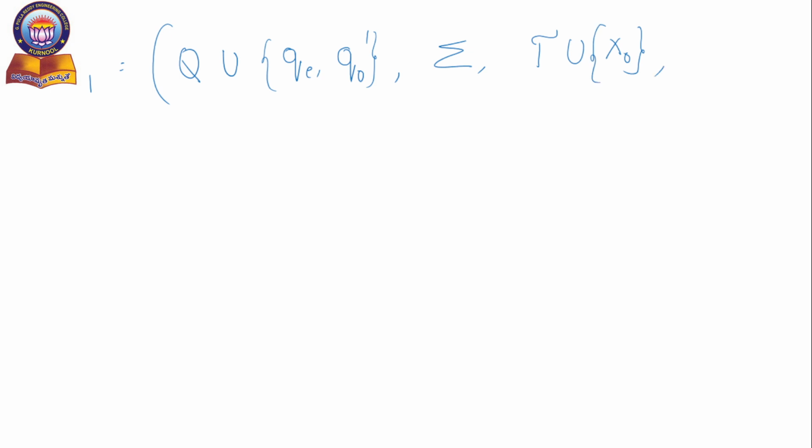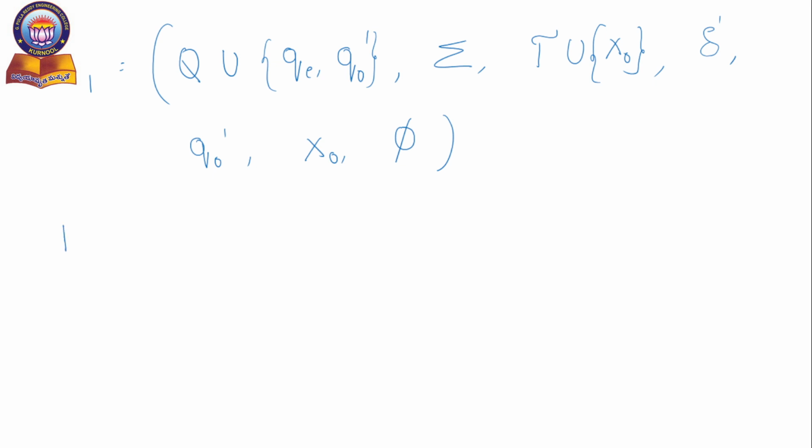M1 is equal to Q union QE, Q naught prime. Next component is sigma. Next, tau union X naught, delta prime, Q naught prime, X naught, pi.